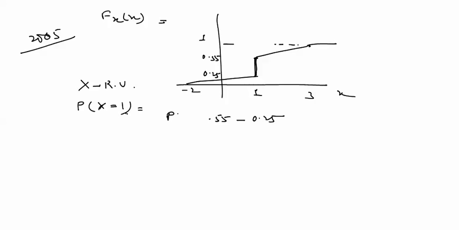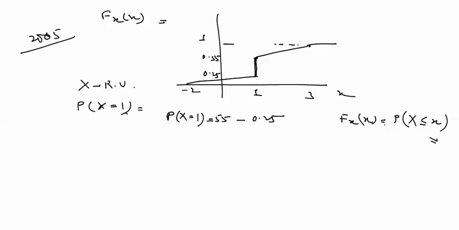So the probability at a particular point is found as follows. What is the CDF? The CDF is just the accumulation of previous values.